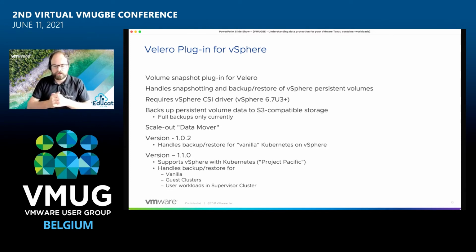And we can handle the backup and restore for vanilla Kubernetes clusters, those guest clusters controlled by workload management inside of vSphere, and also those user workloads inside of the supervisor cluster as well. So we've really enhanced those features for your different offerings from VMware for your Kubernetes environments.